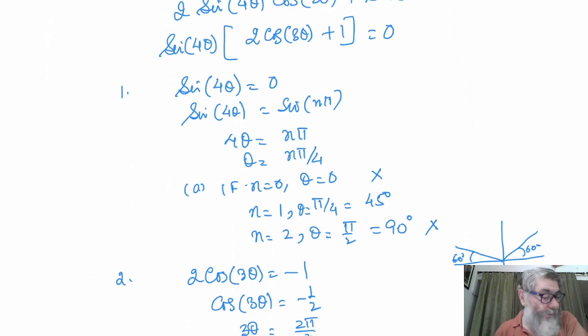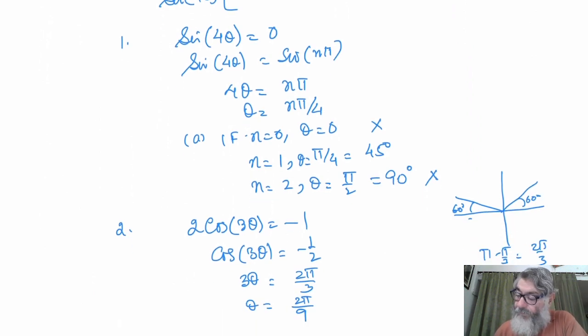And let us get the value corresponding to this. It will be how much? 2 pi by 9 means 2 into pi by 9, which is 40 degrees. It is acceptable.